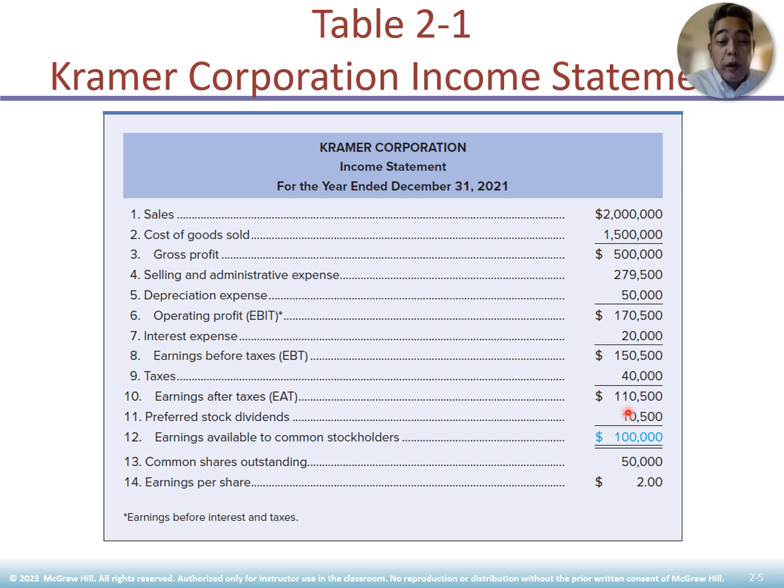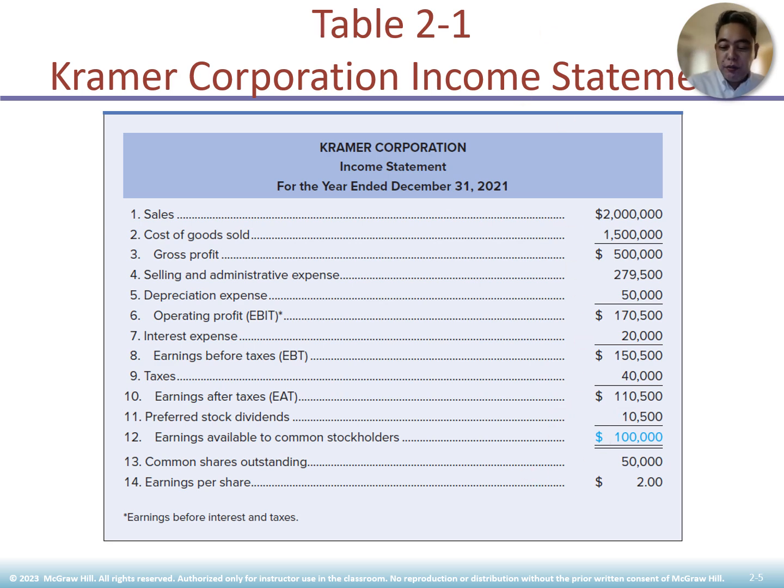So that's why a portion of your 110 might not have been collected or realized as cash. It might still be an accrual. So that's why net income does not equate to cash. That's why cash would always be king. Okay, so that's something that we would like to make sure that we understand early on, right?